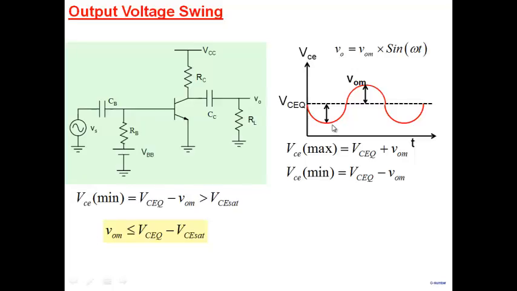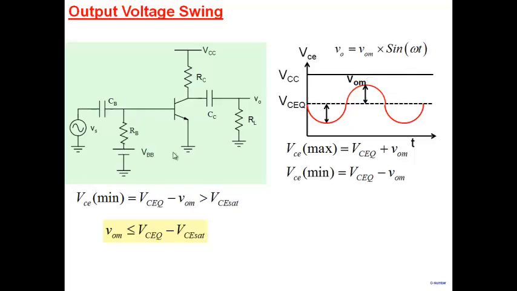But note, I talked about the minimum value. I said that the minimum value, VCE minimum, must be greater than VC sat. So that's one limit. The other limit comes from the upper side. The maximum that you see here, VCE max, which is VCEQ plus V0M. I can draw a line here, which is VCC, and we know that the maximum value cannot become larger than VCC.